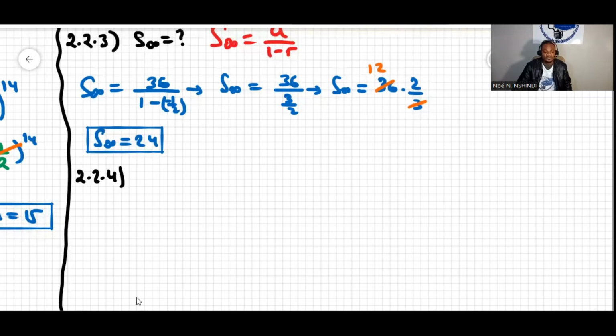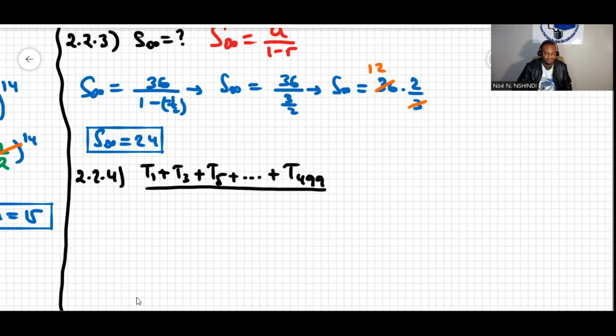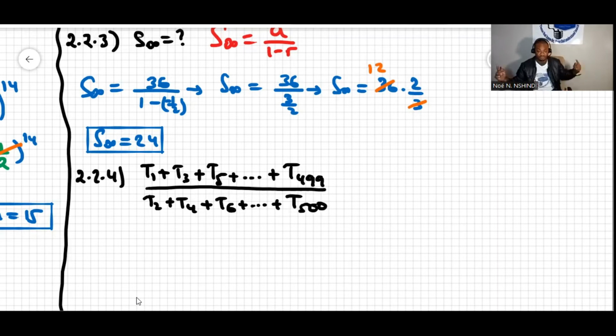We are looking for the value of T1 plus T3 plus T5 plus ... plus T499 all over T2 plus T4 plus T6 plus ... plus T500. So there are like 500 terms.